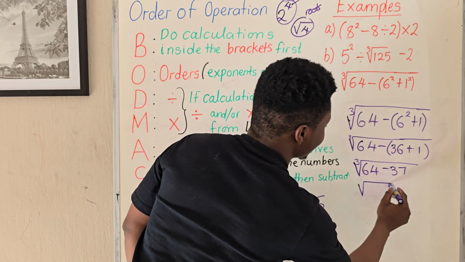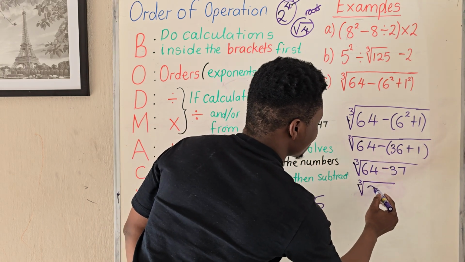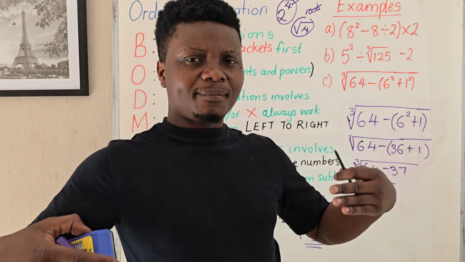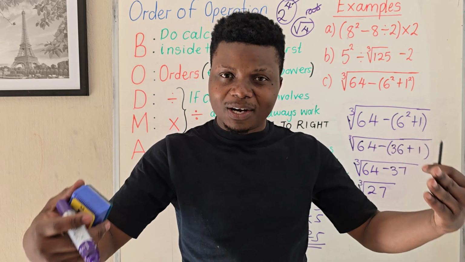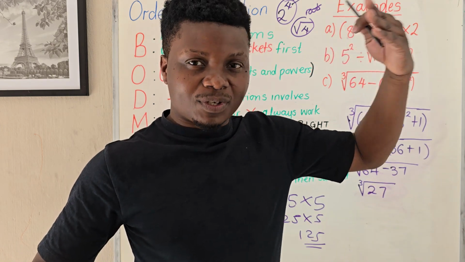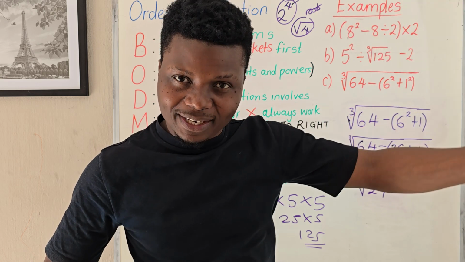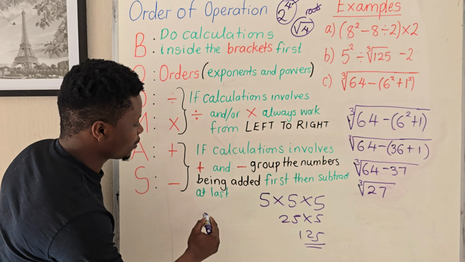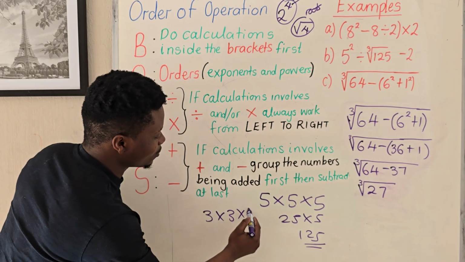Okay, so we still have the cube root of 27. And what do I mean by the cube root of 27? It's a number that was multiplied by itself 3 times. So that number is a smaller number because it was multiplied first time, and multiplied second time, and multiplied third time to give us 27. That number should be 3 because 3 times 3 times 3.